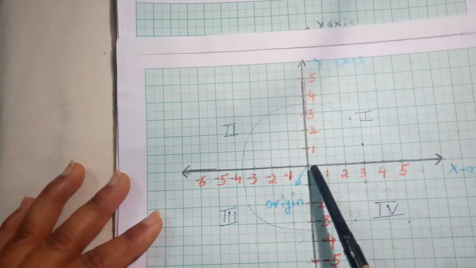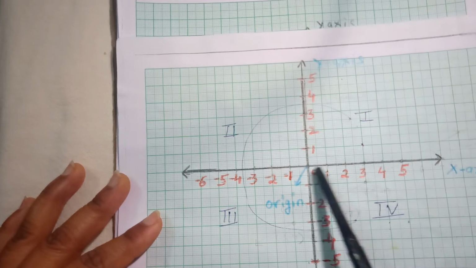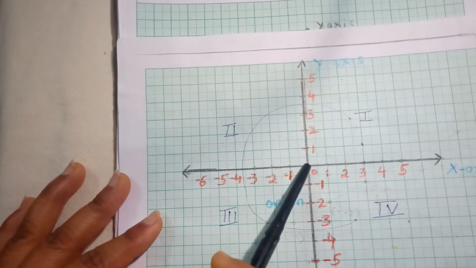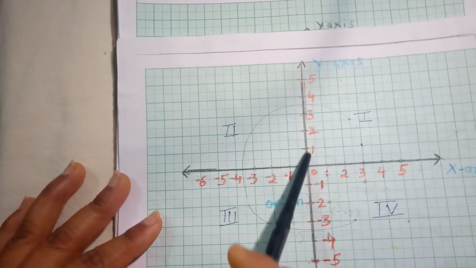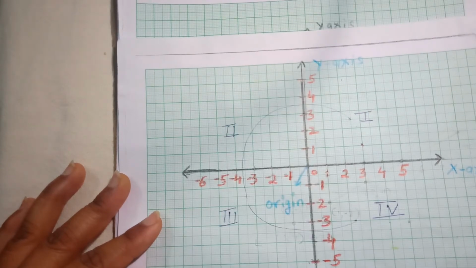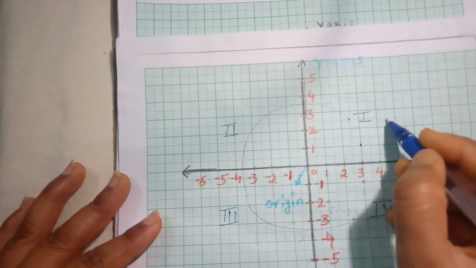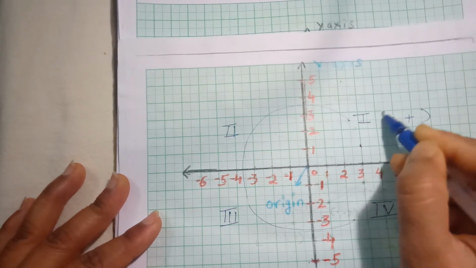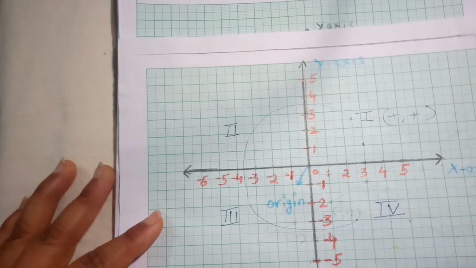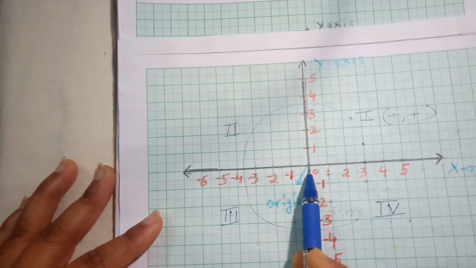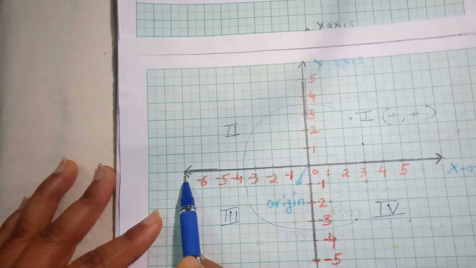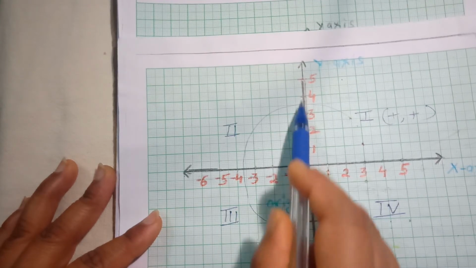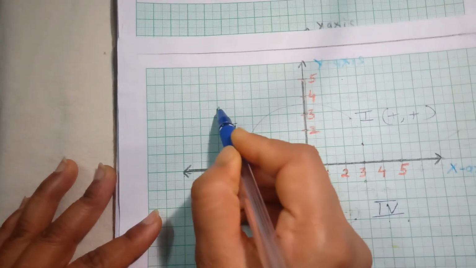The first quadrant has the positive portion of the number line of the x-axis as well as of the y-axis. So in the first quadrant, the value of x is plus and the value of y is also plus. In the second quadrant, the value of x is negative and the value of y is positive.